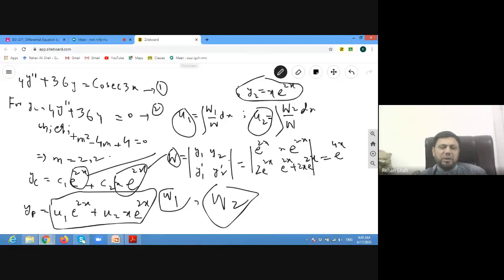So this will be 4m square plus 36 equal to 0. If you take common 4, you will get m is equal to what? Plus minus 3 iota.